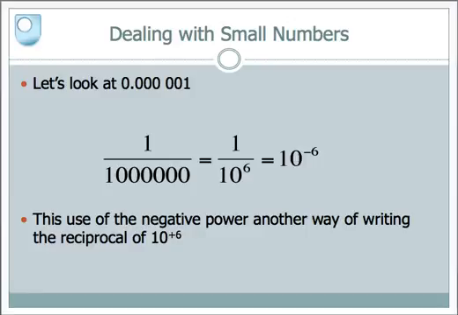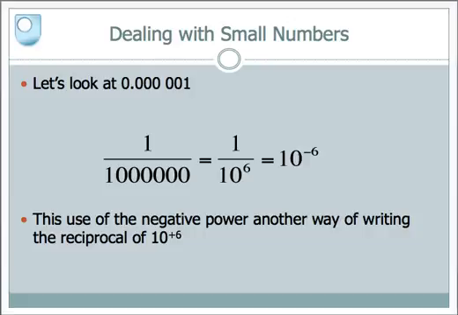So let's look at our millionth. A millionth is basically 1/1,000,000. Now we saw earlier that we can represent 1 with a lot of zeros after it in terms of 10 to the power of a number, which is represented by counting the number of zeros. So a million is 10 to the power of 6 because there are 6 zeros.